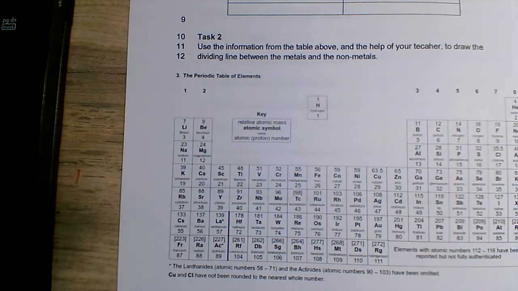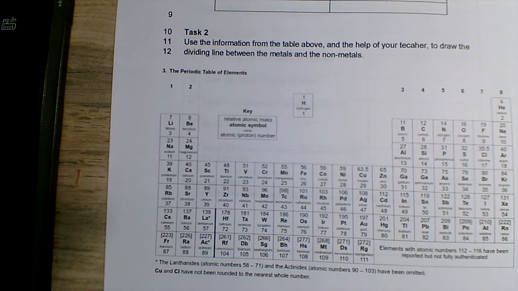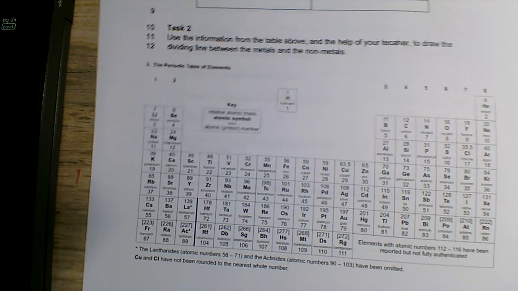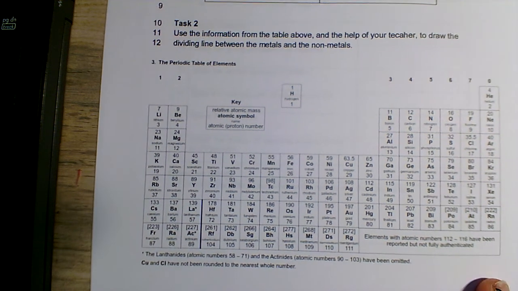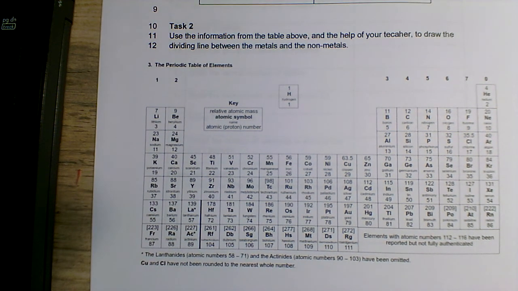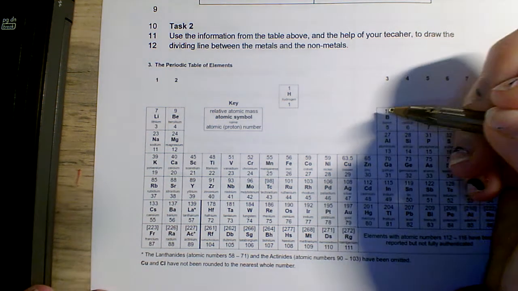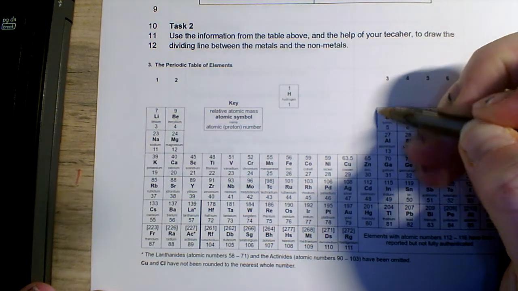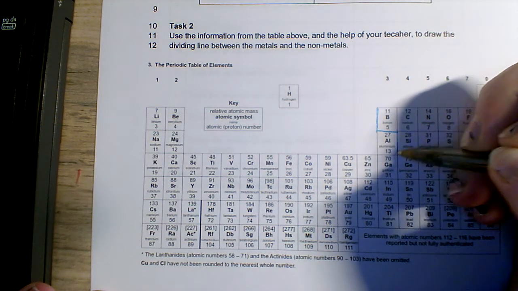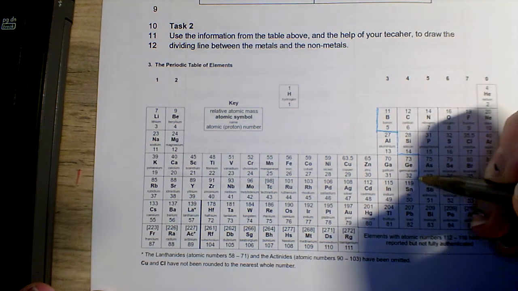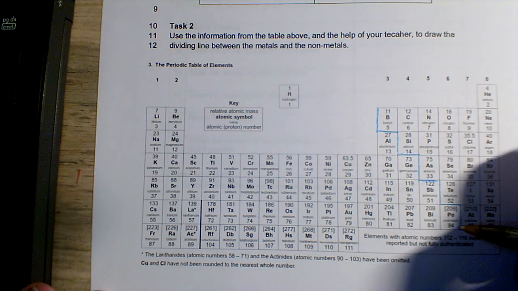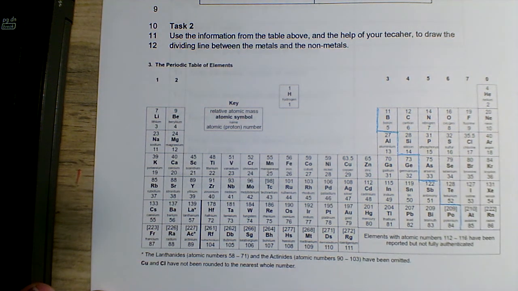Okay, looking at task 2 for this lesson, drawing the line that divides the metals and non-metals. So this periodic table is a full periodic table, slightly different from the one we saw in lesson 1. It's drawing that line of divide, and it starts in exactly the same place, but we're just further to the right side of the periodic table. And it simply steps down like so, until you get to the bottom.